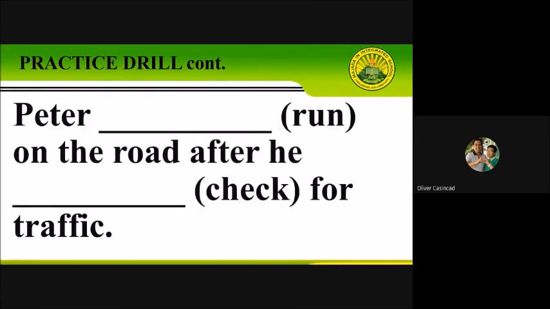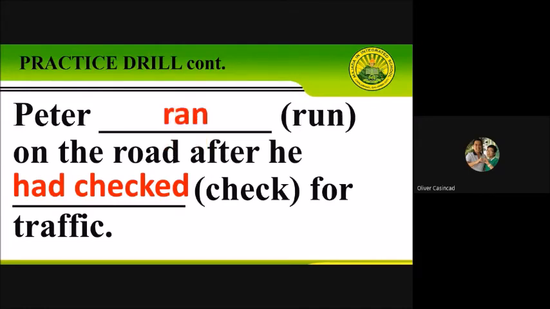You have there the actions run, check. Which of the two happened first? The one that would be in the past perfect tense is had checked, and run would be ran. What word indicator told you that the checking is the one that occurred first? You have there the word after.